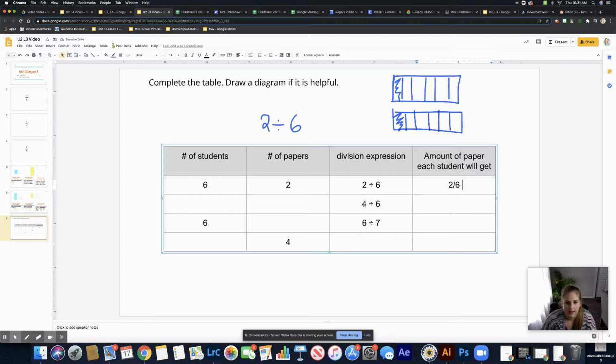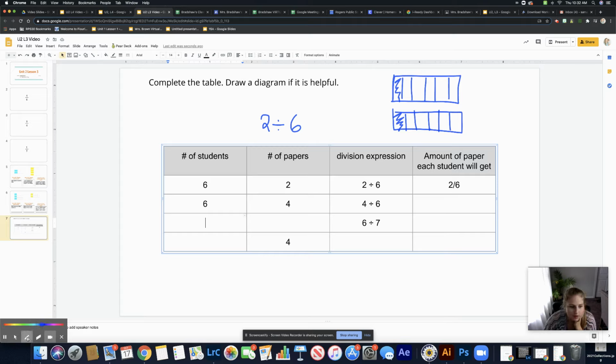This one has the division expression for us. So I have to figure out the number of students and number of papers. Look at what we did here. We said the number of papers divided by the number of students. So the number of papers here is 4, and the number of students is 6. Then I have to figure out how much paper each student will get.